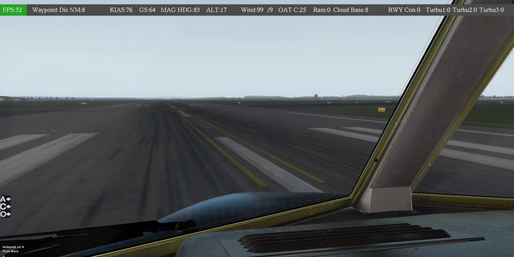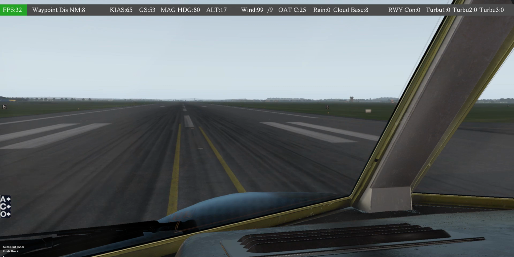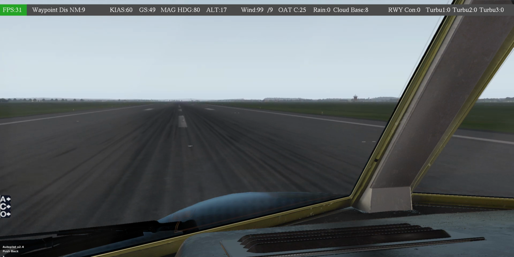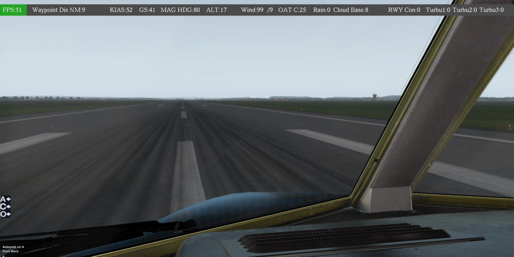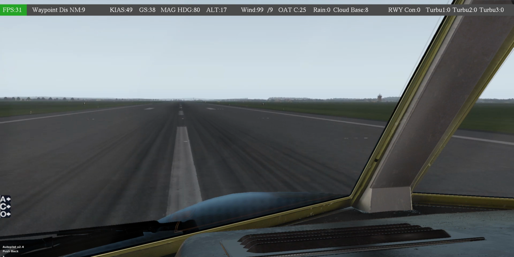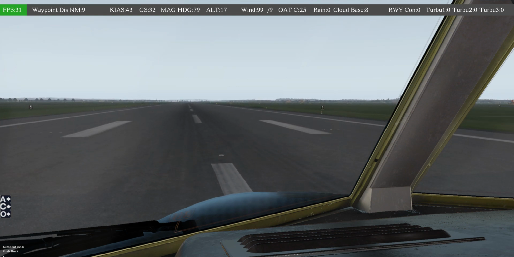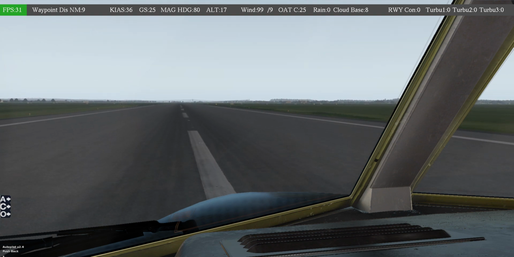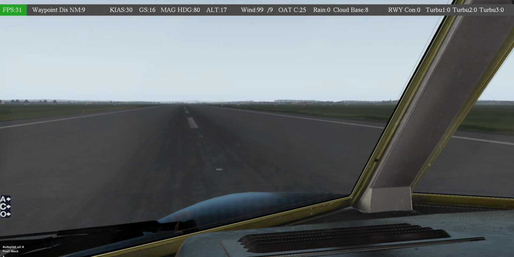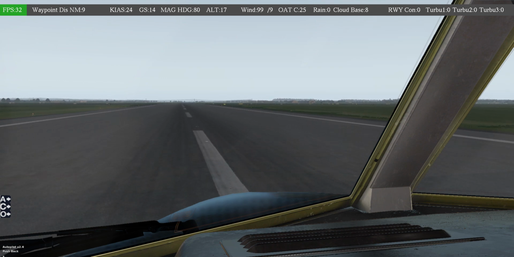Here we go. Do note that the brakes are very aggressive. They are really braking hard. Right now I have released the reverse thrust here, and there you see how quickly it actually brakes as I just push the brakes.